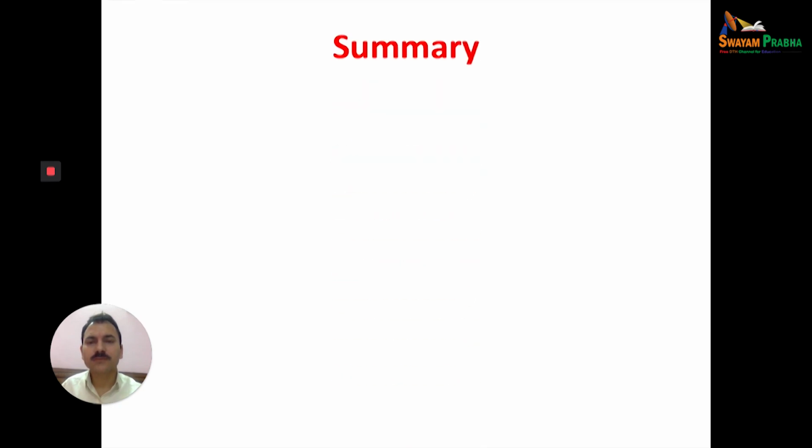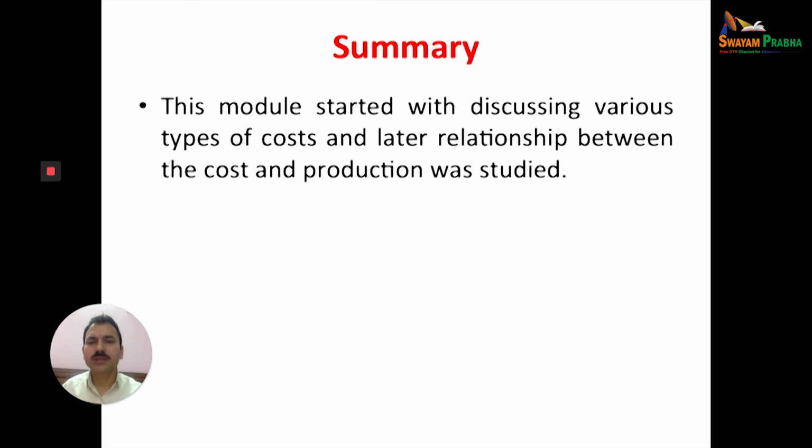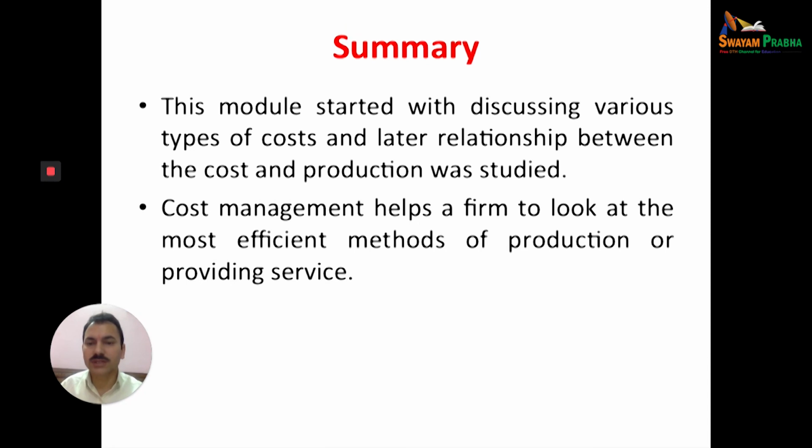So let us summarize this chapter, this module. This module started with discussing various types of cost. We have discussed total cost, marginal cost, average cost, fixed cost, sunk cost, social cost. There are many costs we have discussed, and later we discussed the relationship of cost with production, how this cost is associated with production.